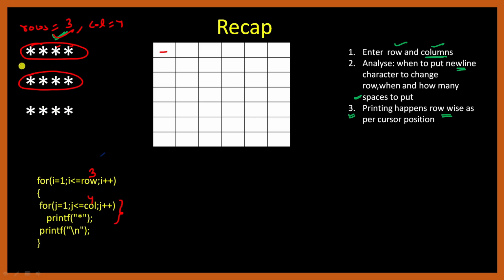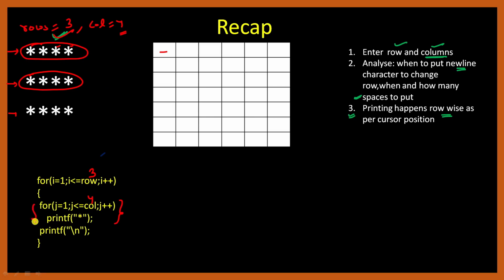In each row, how many columns do we have to print? Whatever the number of columns given by the user, the same number of stars we are printing in each row. Row number 1, we are printing 4 stars. Row number 2, again 4 stars. Row number 3, again 4 stars. So the number of stars in each row is equal to the number of columns.